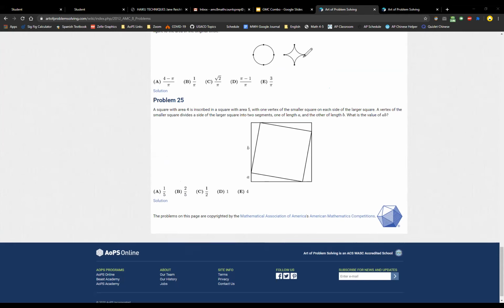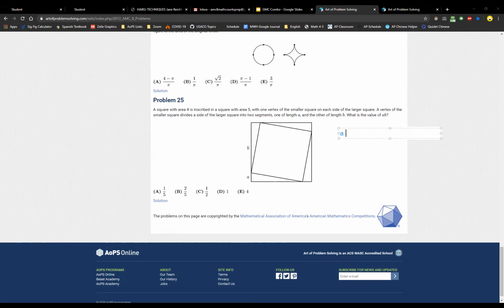All right, so we have a square with area 4 inscribed in a square with area 5. Okay, so let's say we're given the area of this big square is 5, and the area of this small square is 2.